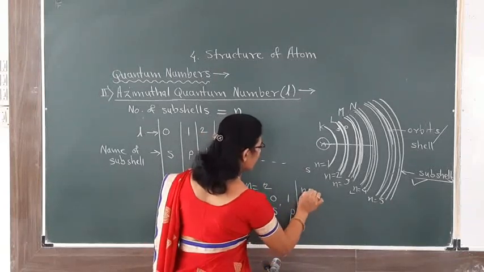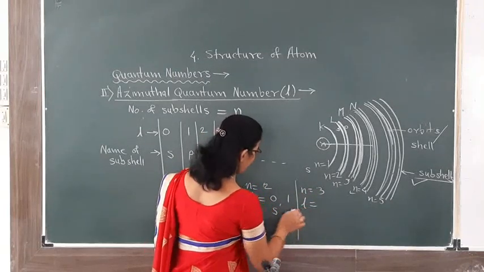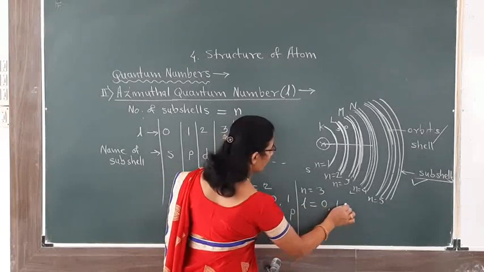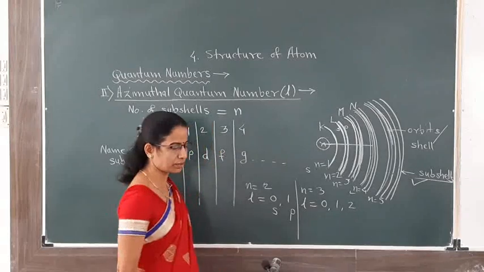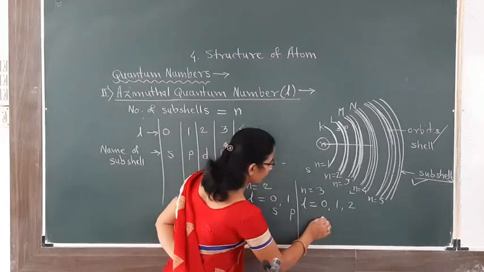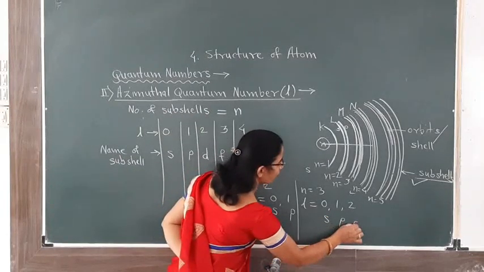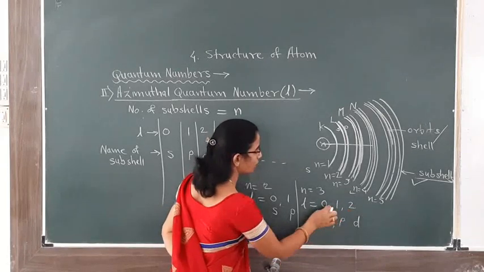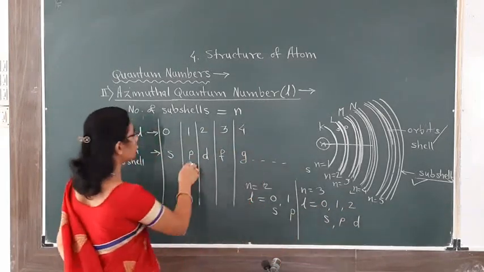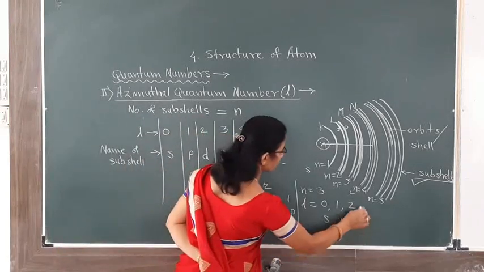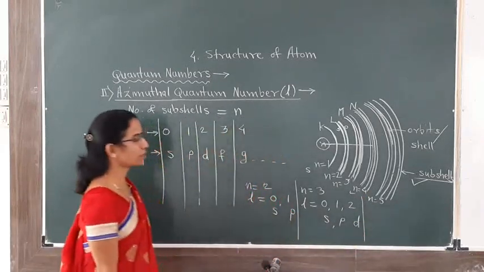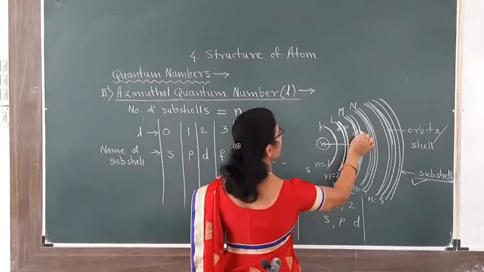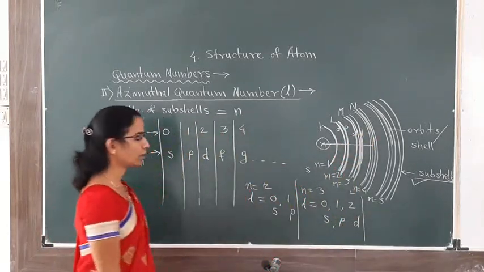Similarly, if n is equal to 3, the subshells are represented as l is equal to 0, 1, 2. That's why they are named as s, p and d, because l is equal to 0 indicates s subshell, l is equal to 1 indicates p subshell, l is equal to 2 indicates d subshell. In this way, the third shell will possess s, p and d subshells.